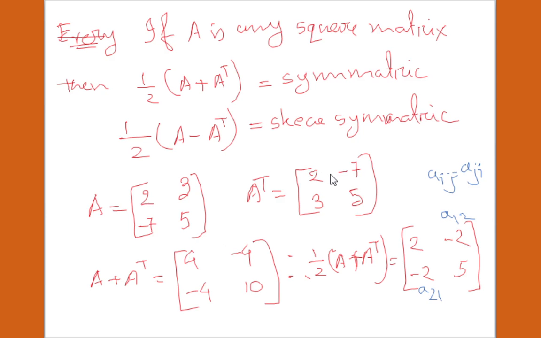So what is A minus A transpose? 2 minus 2 is 0, 3 minus of minus 7 is 10, minus 7 minus 3 is minus 10, 5 minus 5 is 0.